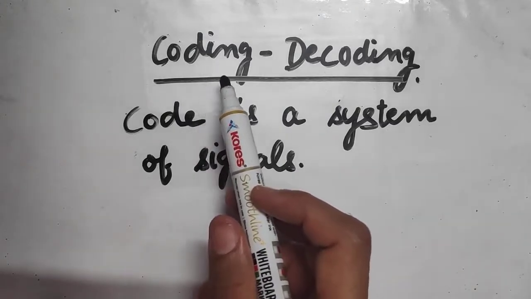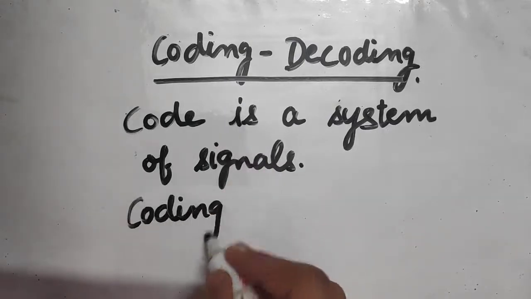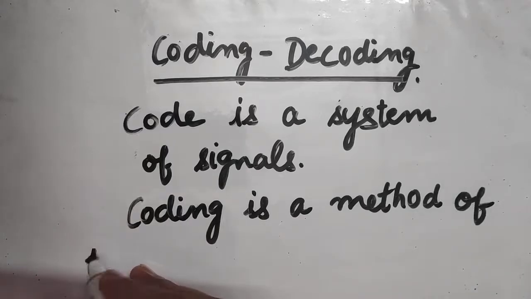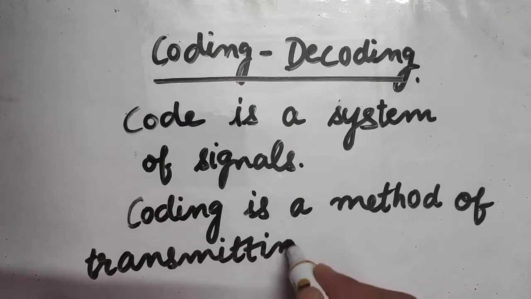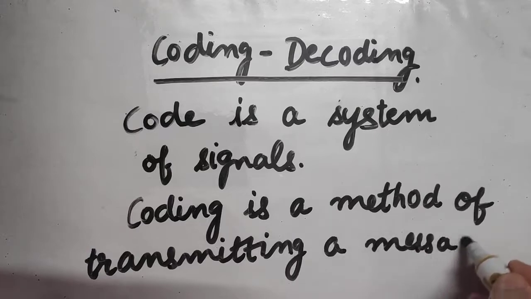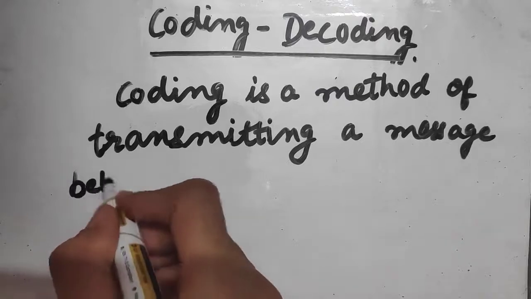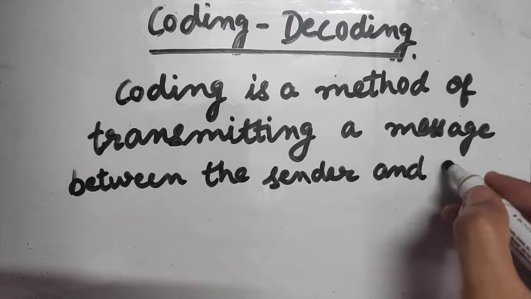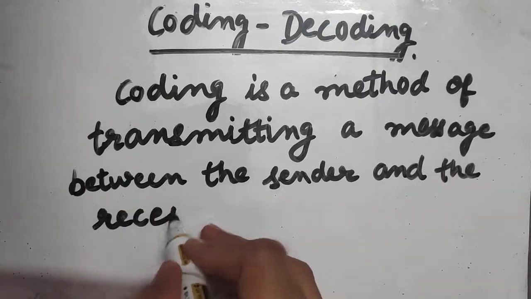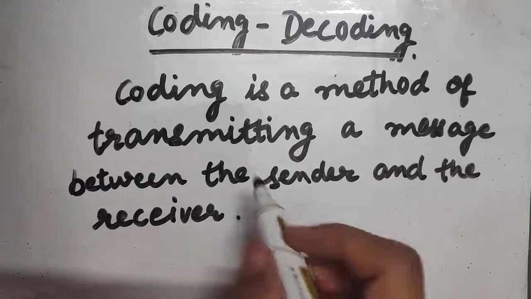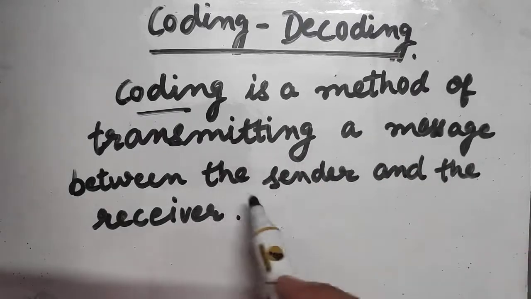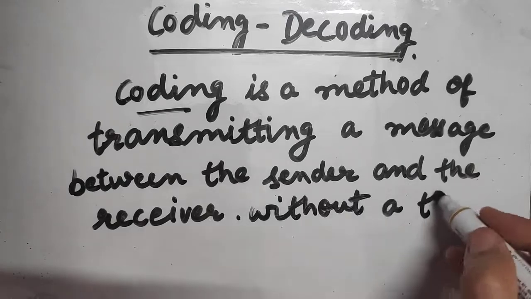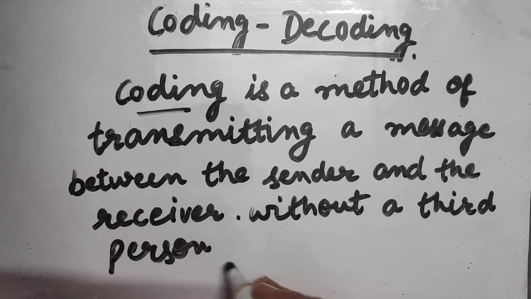Coding is basically a method of transmitting a message between the sender and the receiver without a third person knowing it.